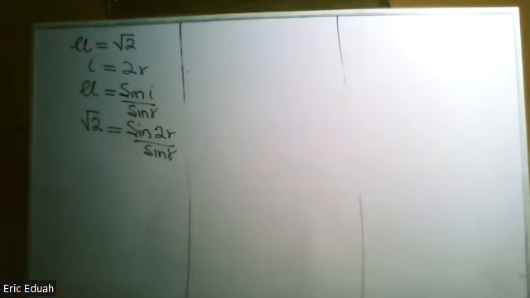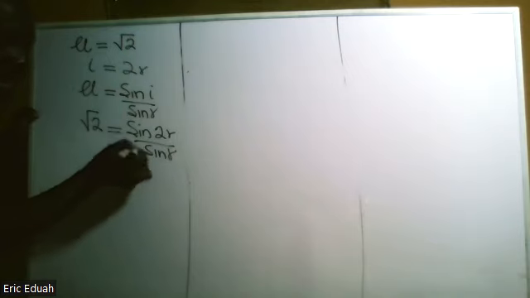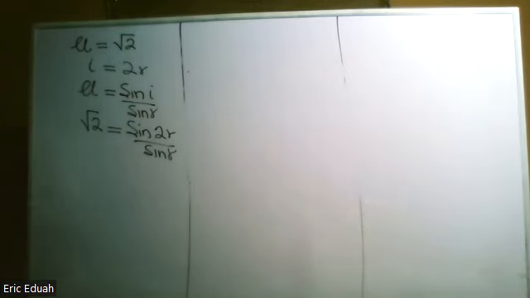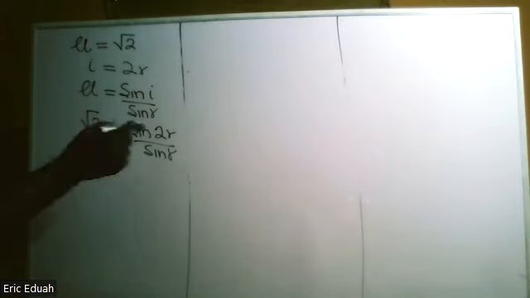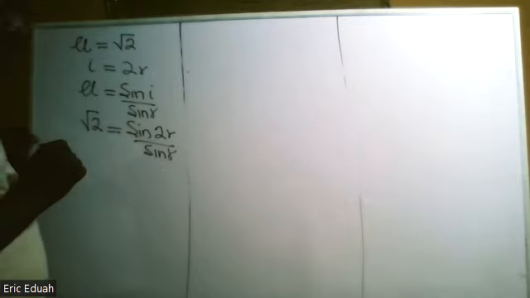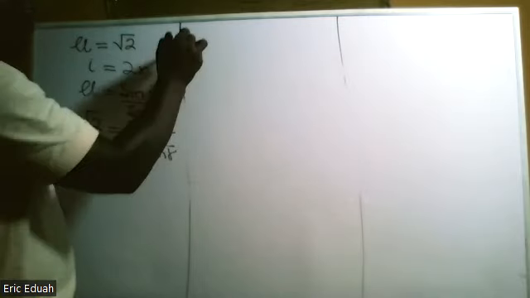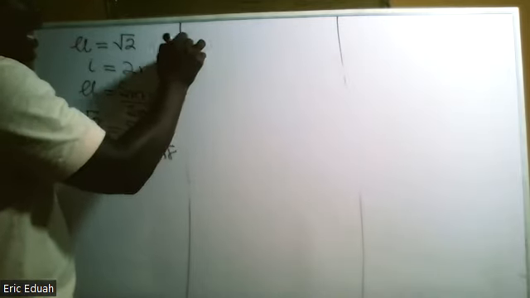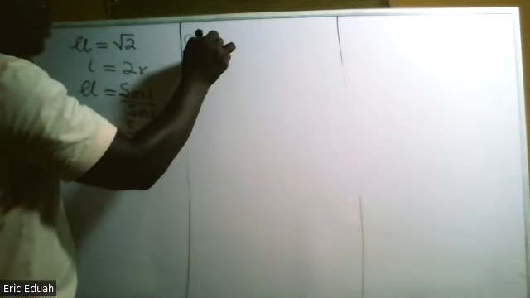Now, please, you cannot cancel sine r with sine 2r to get 2. This is not algebra. This is trigonometry, so you cannot just cancel. The best you can do is simplify the numerator. The denominator is simple, okay? The numerator is sine 2r.